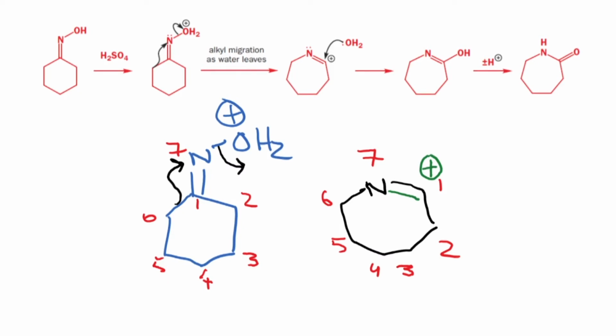So it's important that you understand the way in which this migration occurs and the way in which the leaving group leaves. So please learn how to number carbons and nitrogens and oxygens so that you can keep track of what is going on. And then subsequently, water attacks this positively charged species here, and it forms this OH, which can then undergo a tautomerism kind of reaction to give you the final amide.